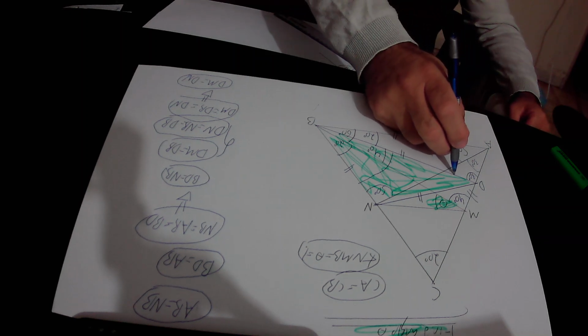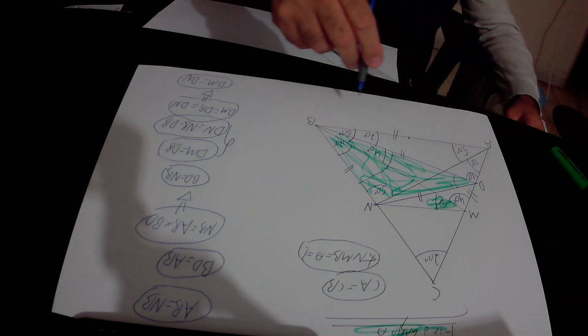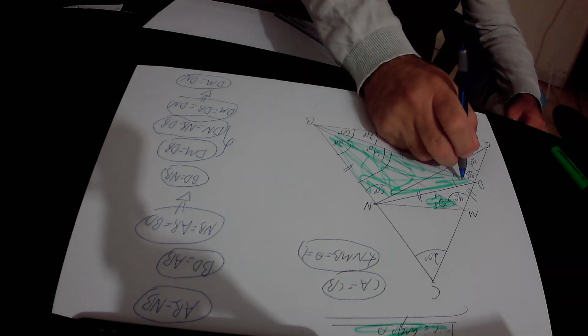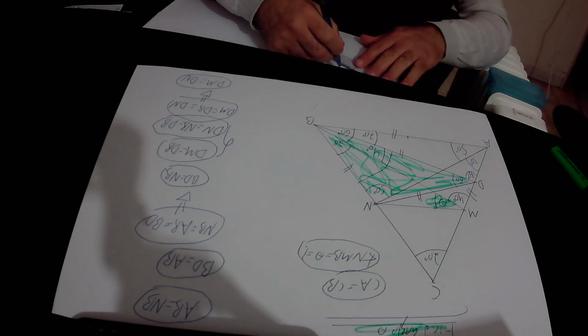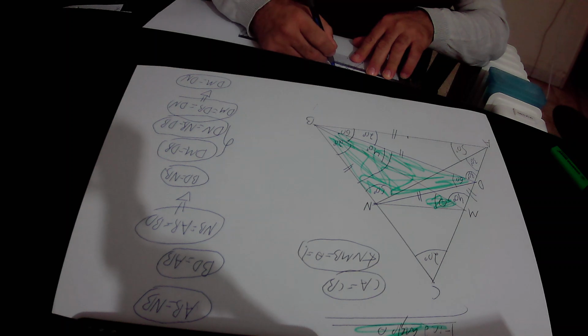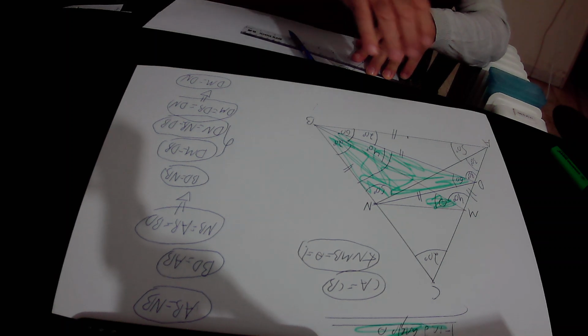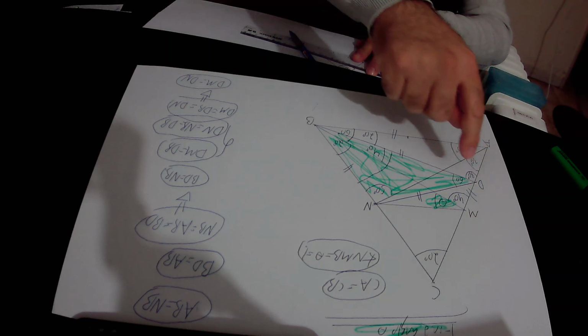This angle is one of the three angles of the equilateral triangle DNB, therefore it must be equal to 60 degrees. We also have this angle, this is in the triangle MDN.